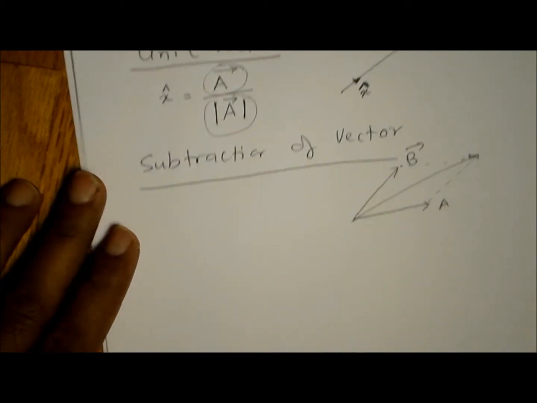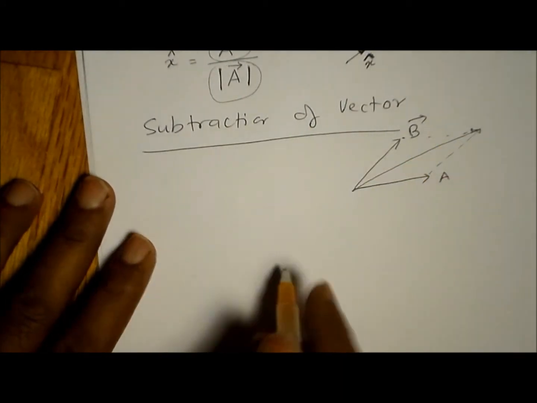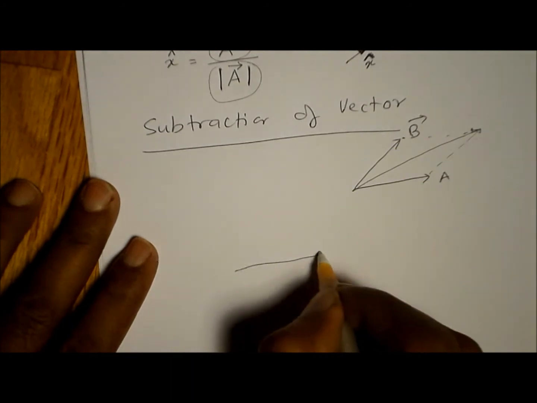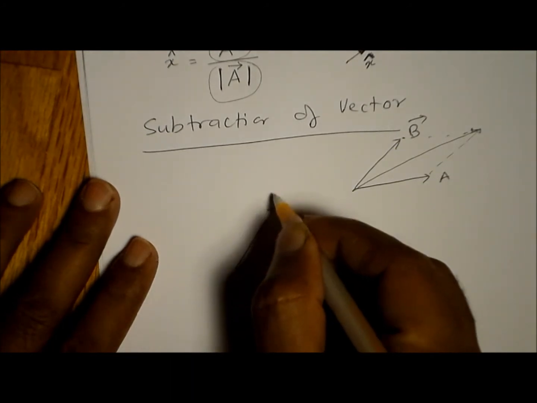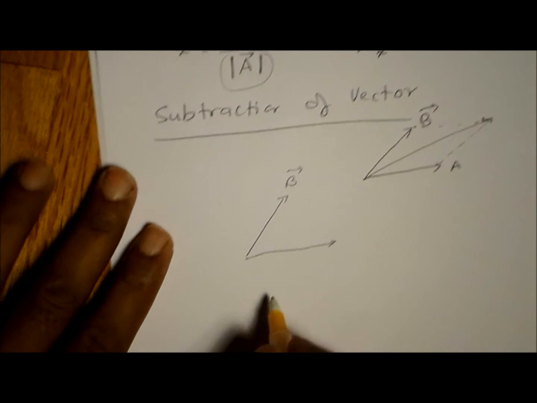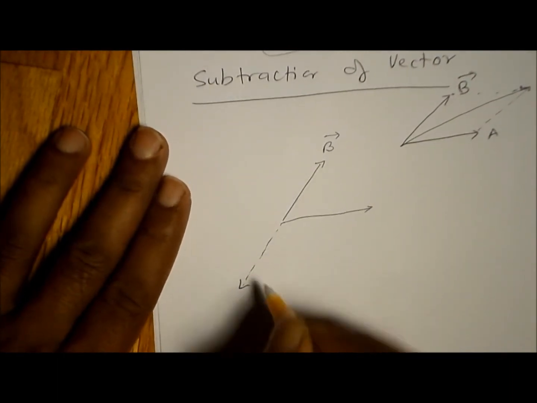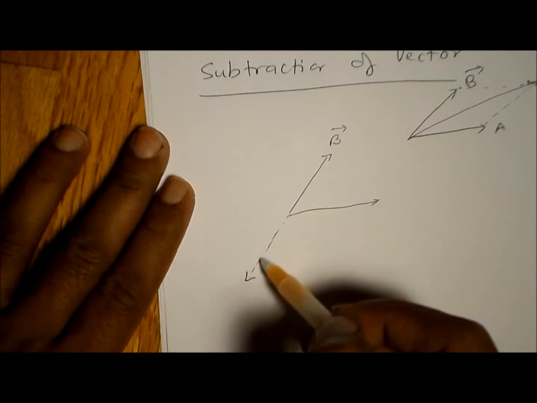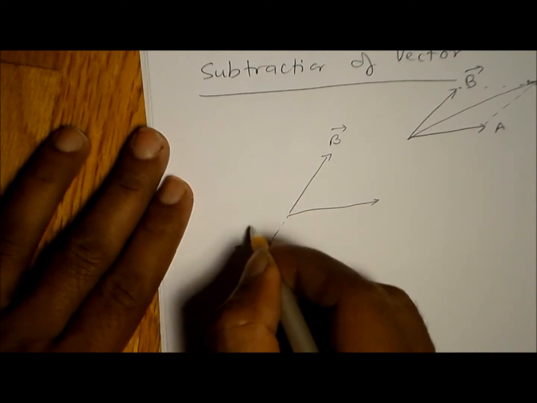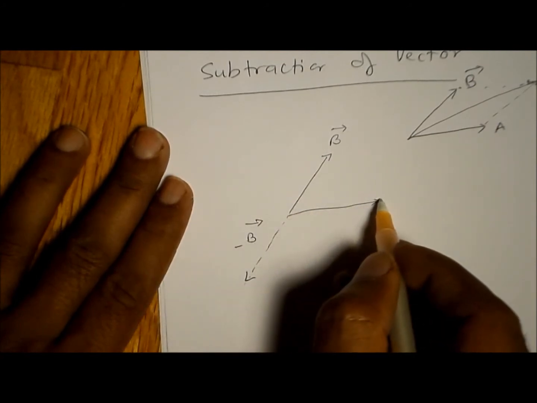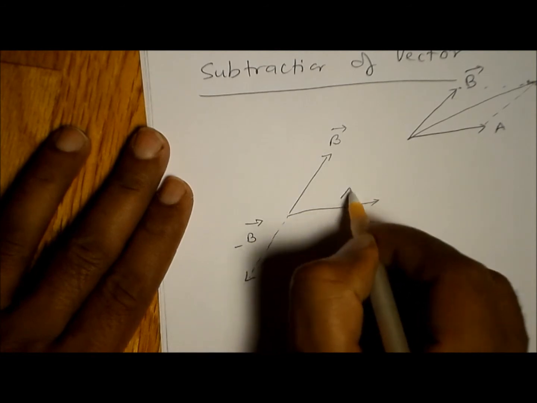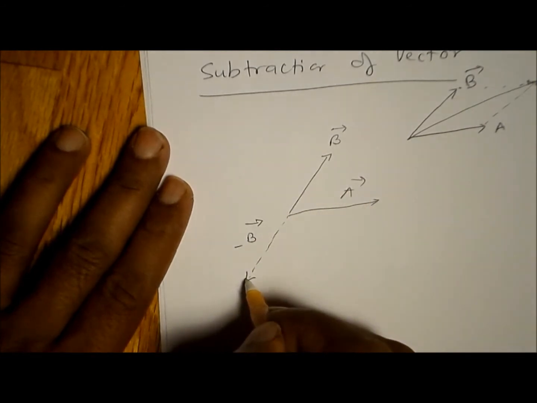What to do when we subtract this vector B from A? So we draw this vector A and we have this vector B. The first thing we do is we reverse the direction of B, and we draw a vector which has the same magnitude as B and in the reverse direction, and we get minus B vector. Now we have to add vector A with minus B vector.